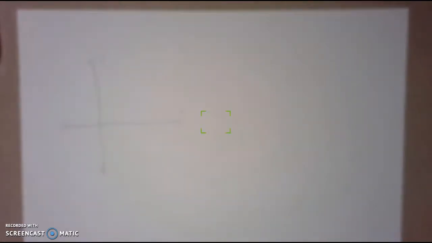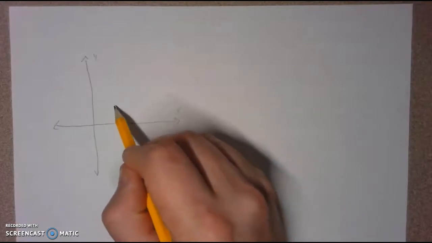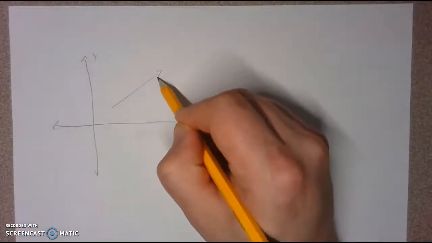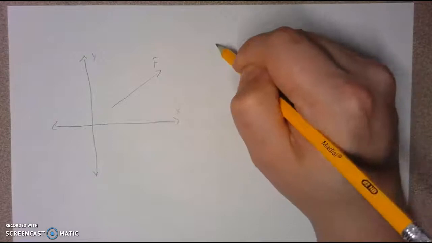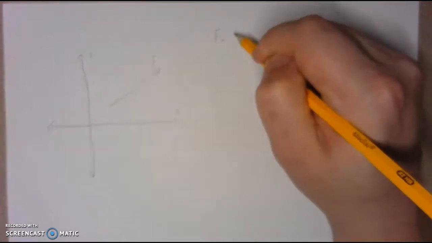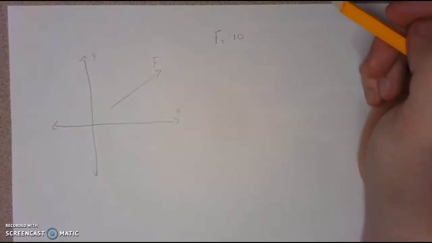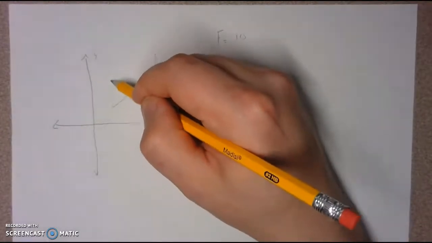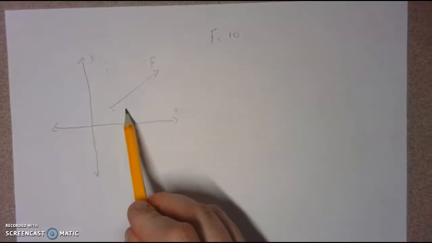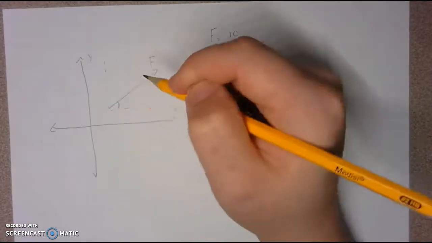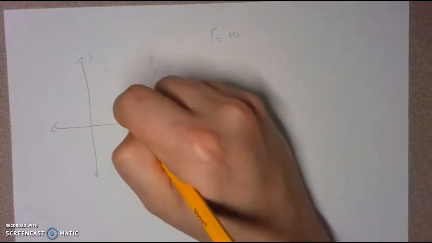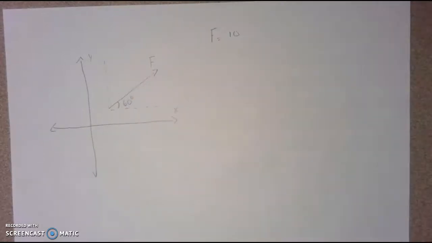F is just a vector that exists in space here, so we're going to call this F. We know that F is equal to 10. And we know that when we put our x and y components in, they look something like that. And we know that F is rotated counterclockwise 60 degrees from the x-axis.